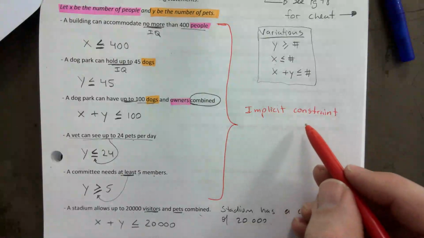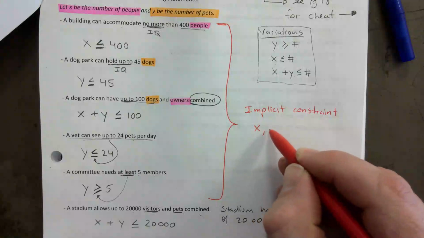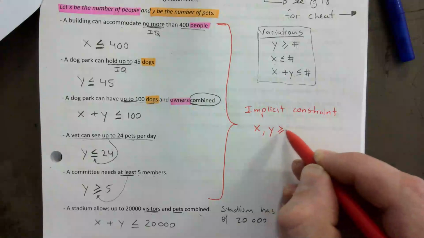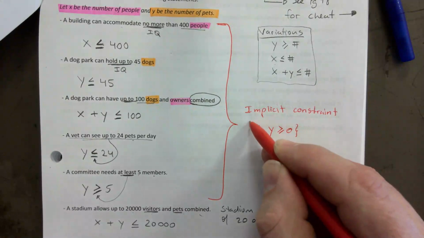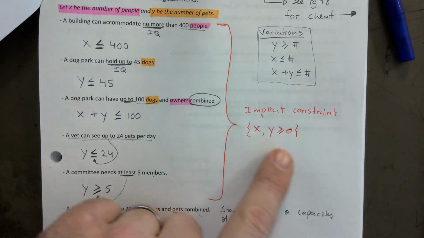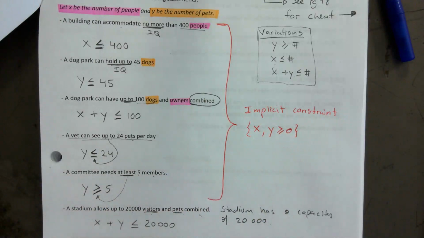The implicit restriction of, watch this, the fact that x and y have to be greater than or equal to 0. All of them. That was just something that I didn't even have to tell you. But if I ask you to state it, this is all you need to do. x, y are greater than or equal to 0.